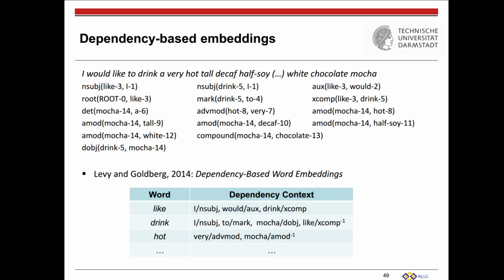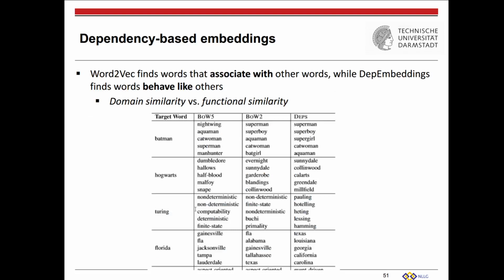And if you see these inversion signs here, it means whether the word is the head or whether it is the modifier, right? So whether drink is the first argument or the second argument. So these are the contexts that they are predicting. They change the definition of the context, and they find a similar situation as for the structured skip-gram models, that now what changes is the nearest neighbors of the words.